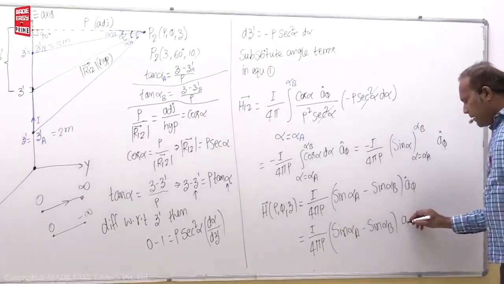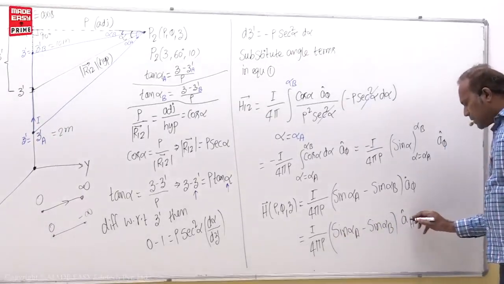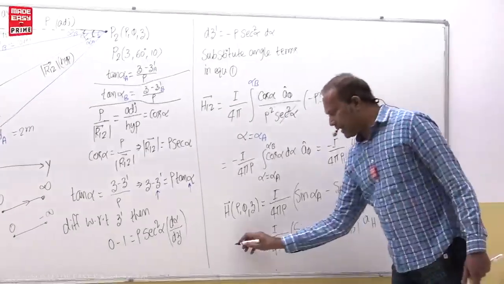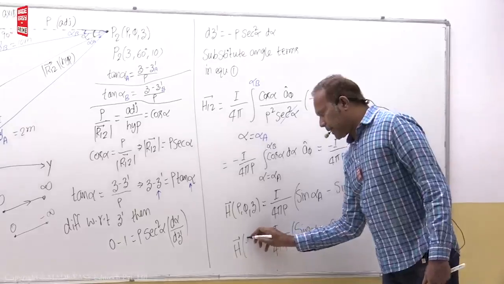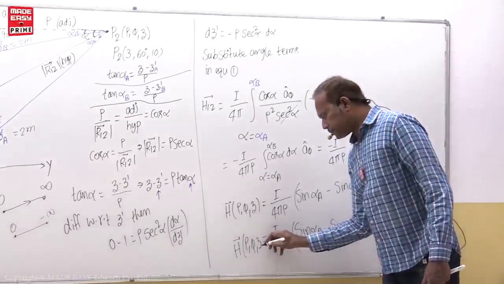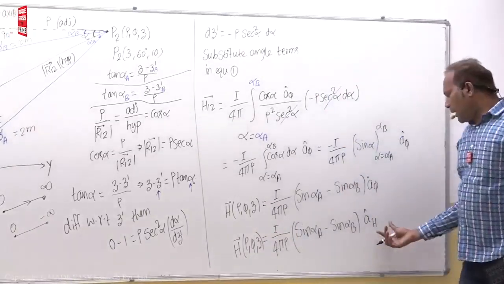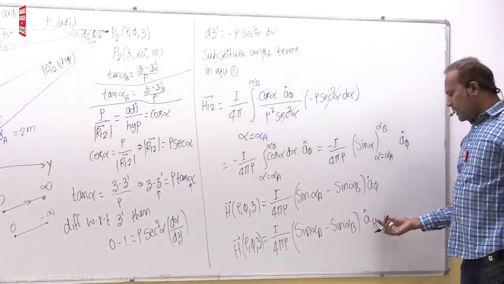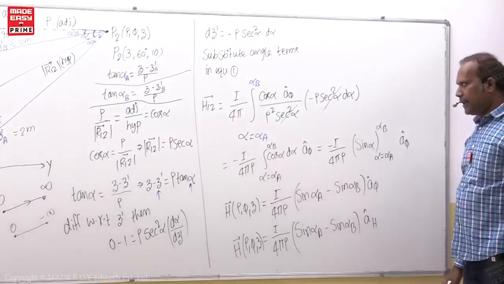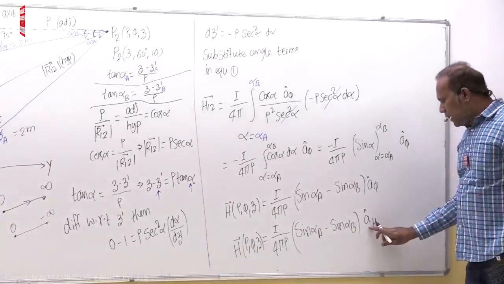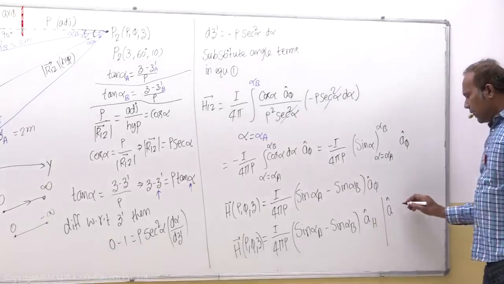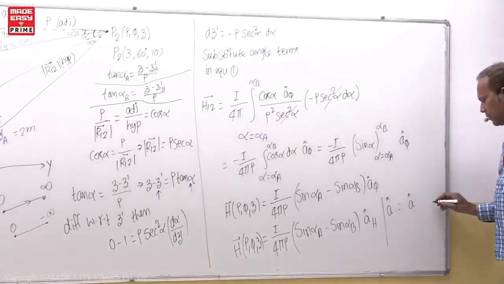Here a cap means unit vector, suffix h means unit vector in h bar direction, because we are writing the h bar formula. So now what is the formula of a h cap?